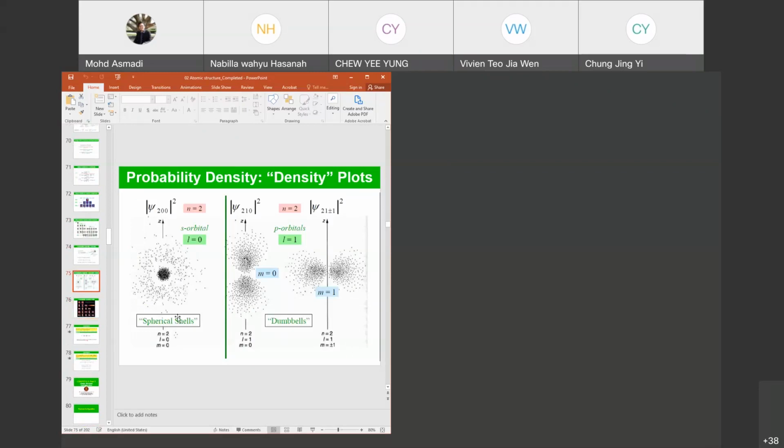If you look here, for the spherical S type shell, you can see the dots here, and this one is the dumbbell type. So we can locate by using the wave function.